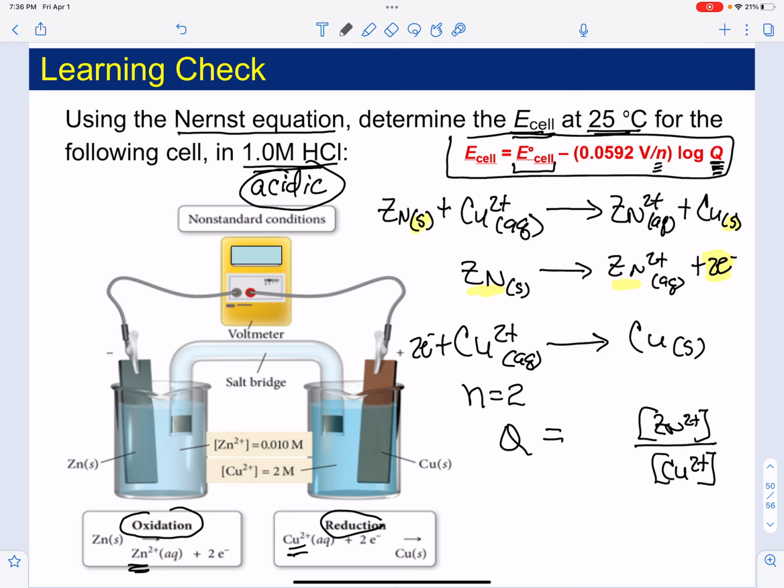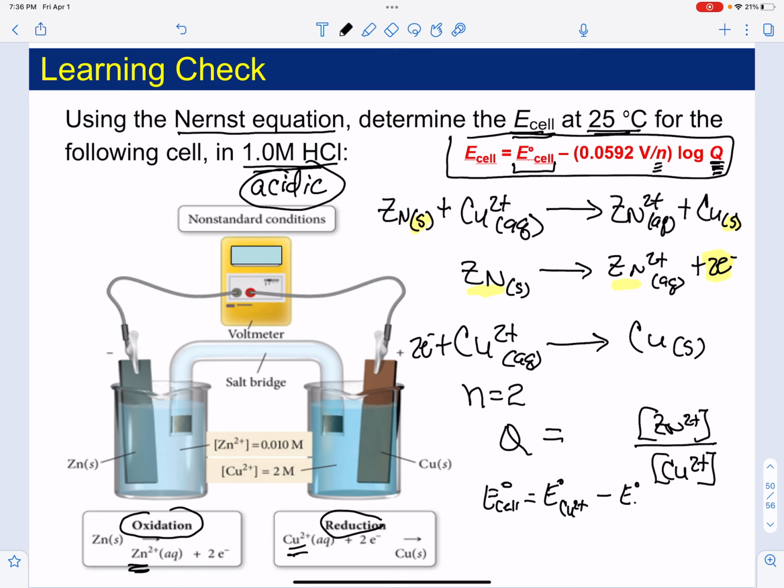So when I do E cell equals standard reduction potential of the cathode, which is where the reduction happens, for copper 2 plus, minus the standard reduction potential for the zinc.